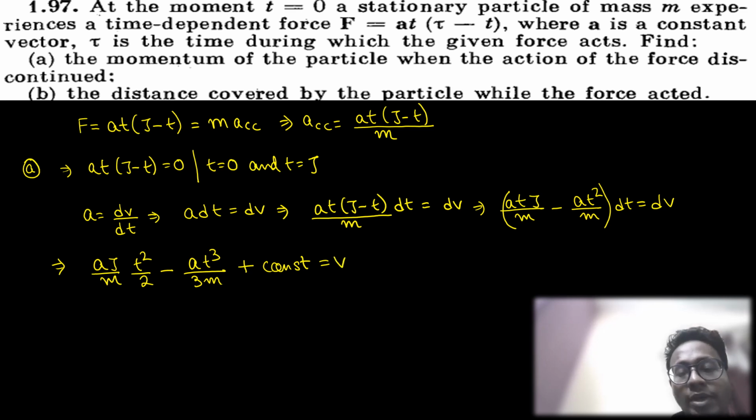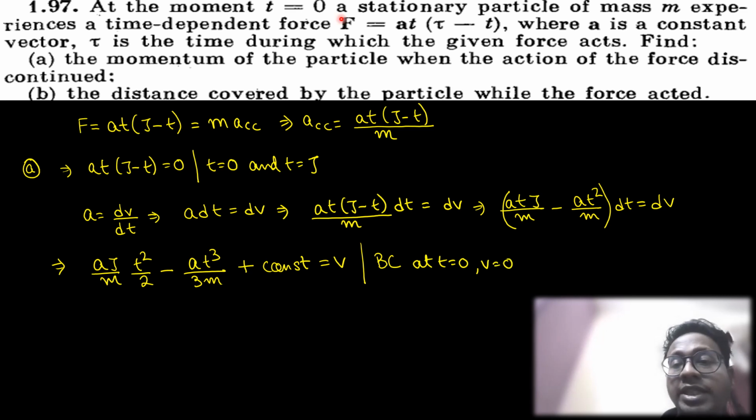Now I have to apply boundary conditions. The first boundary condition is at t is equal to 0, v is equal to 0. How do I know? A stationary particle, that means the particle was stationary at t is equal to 0. That means v is equal to 0 out there.